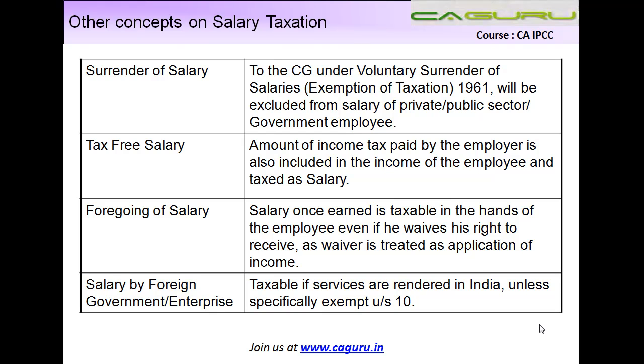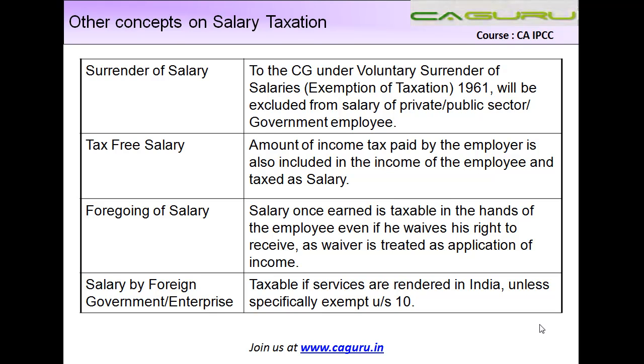So whatever salary the US government pays to them, that is normally taxable in India. However, there are certain categories of salaries which are paid by foreign governments to their employees in India, which are specifically exempted under Section 10. And what these are, we are going to see at a later stage. But if that be the case, these salaries are exempt from taxation.